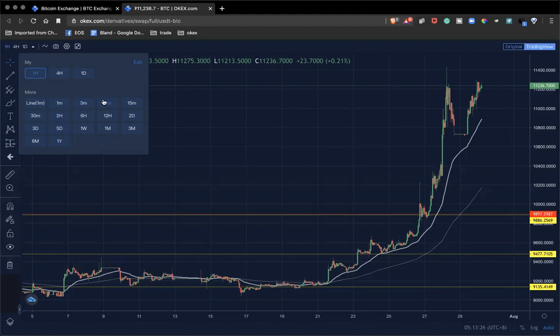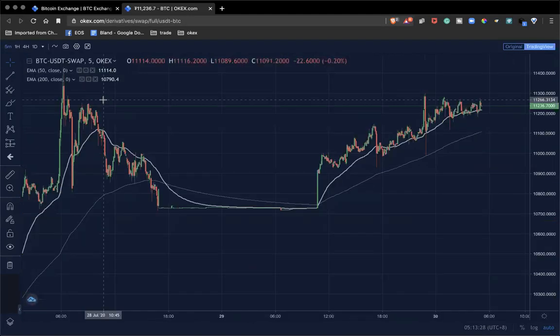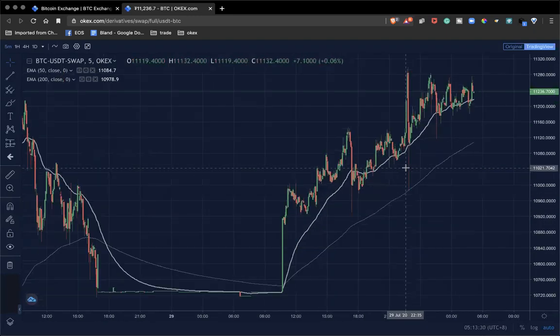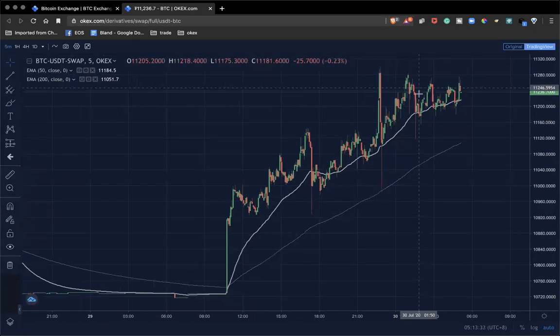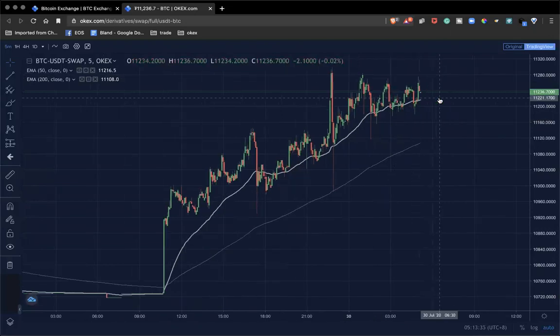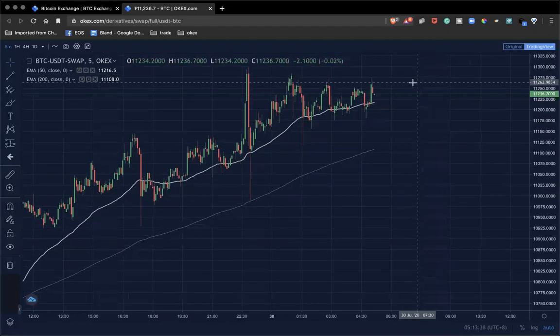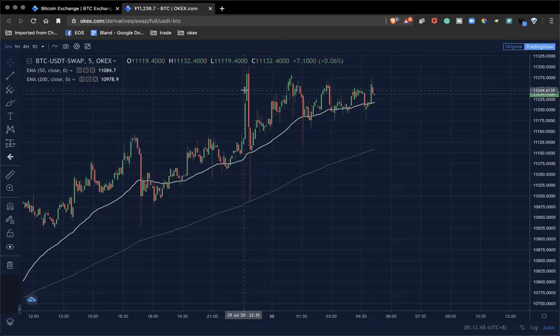If, for example, we go to the 5 minute time frame, it means that every candle here, by candle I mean every one of these things that looks like a stick, this red stick and green stick, represents 5 minutes. That's what it means when you're looking at the 5 minute time frame.